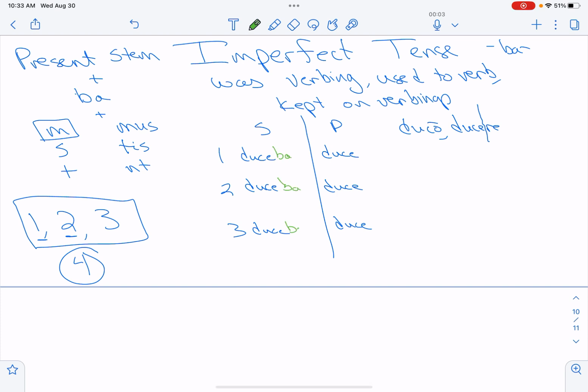Sorry, Eddie's knocking my hand, so it's getting a little messy. BA. And then we're going to add the endings: M, S, T, mus, tis, NT. And that's all you need to do. I was leading, you were leading, he was leading, we were leading, y'all were leading, they were leading.